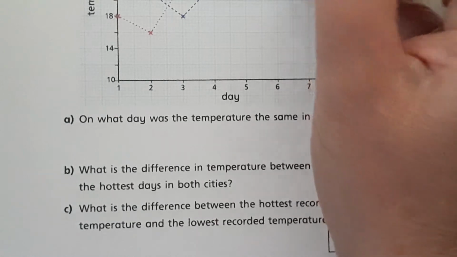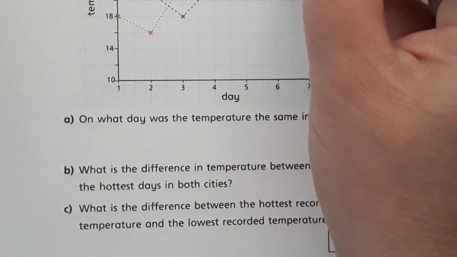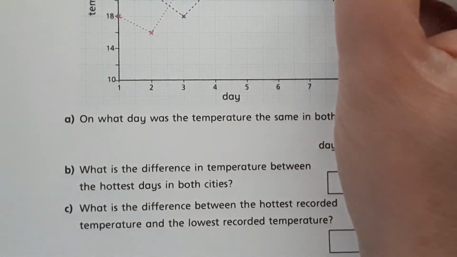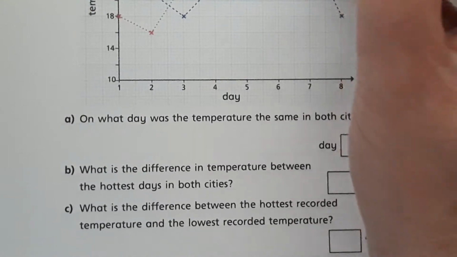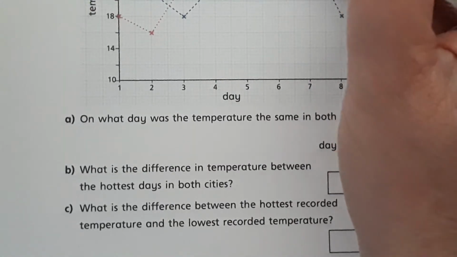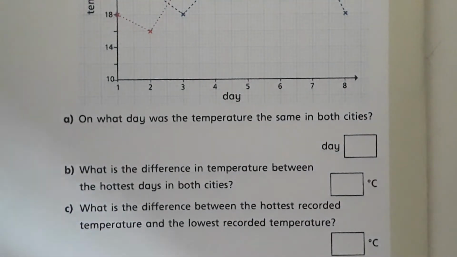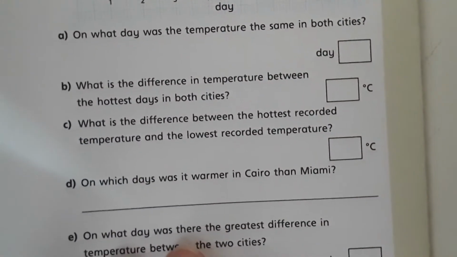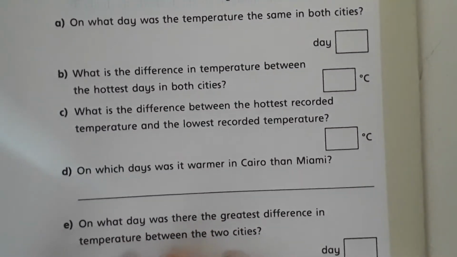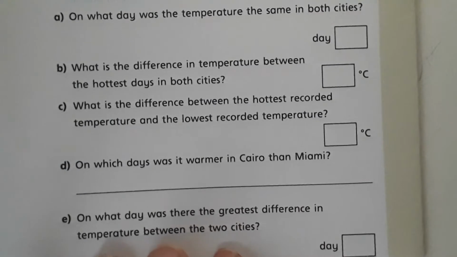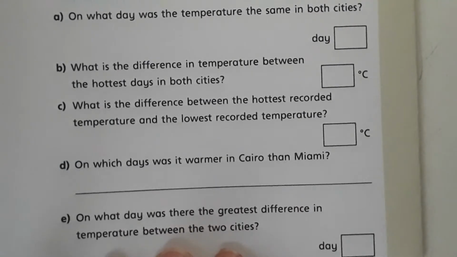We can see the hottest two. Don't be afraid to actually write that value if it helps you, here and here. Then you can work out the difference between the two values, and then you will just need to work your way through the other questions.